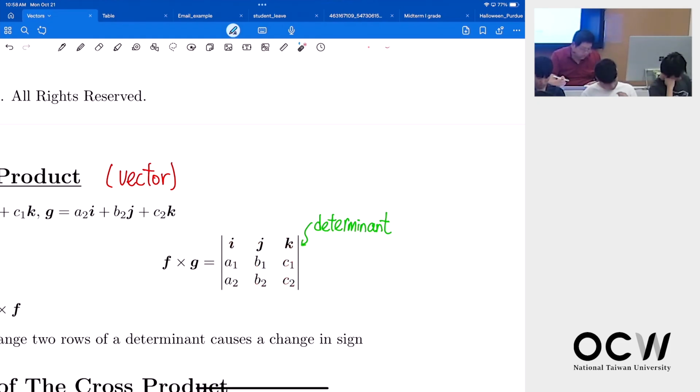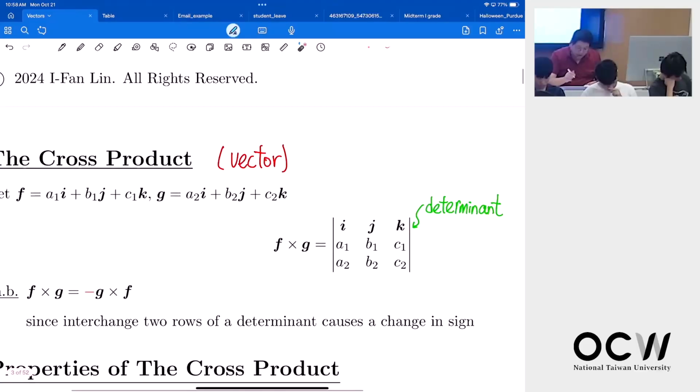All right. And if you switch the order, now the order matters. If you switch, then I should get a minus sign here. Because if I change the determinants, especially if I change two rows, then it will cause a change of sign.